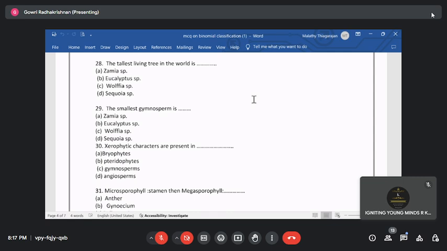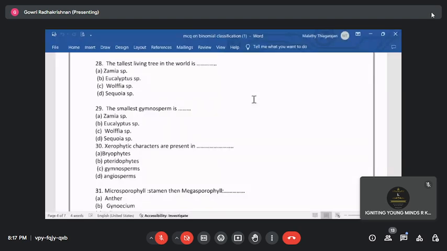Because this one is a gymnosperm. It doesn't have a flower. Among angiosperms, only the tallest tree can be said to be eucalyptus. It's not taller than the sequoia.